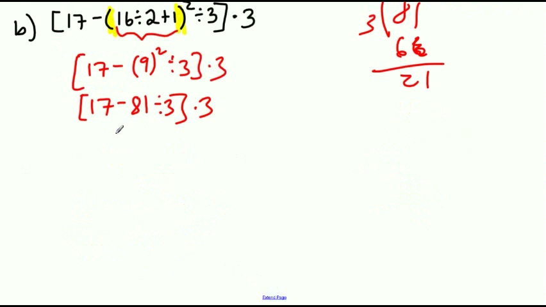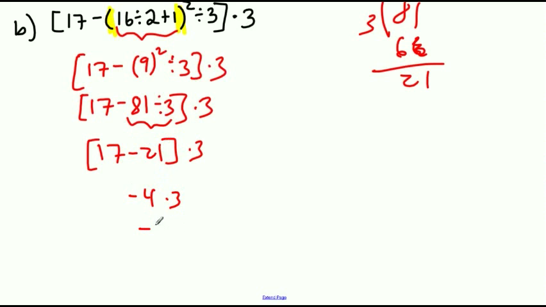Okay, so this right here, this guy becomes 27. So 17 minus 27, and I'm still going to use my brackets, times 3. Okay, so 17 minus 27 is going to give us negative 10. And now I'm done with the brackets, because we've now completed it, times 3. So then we'll get negative 30.